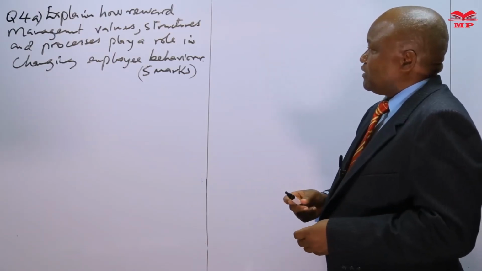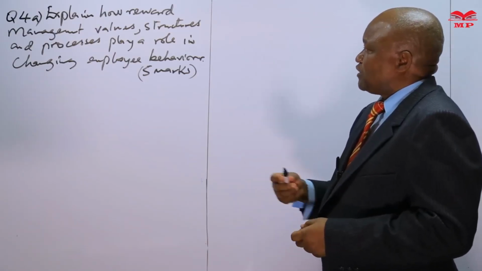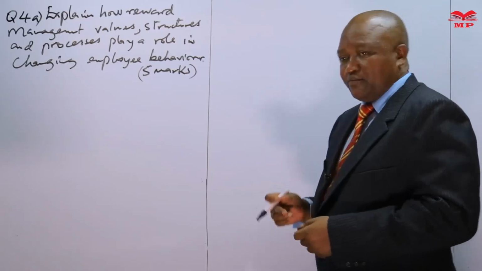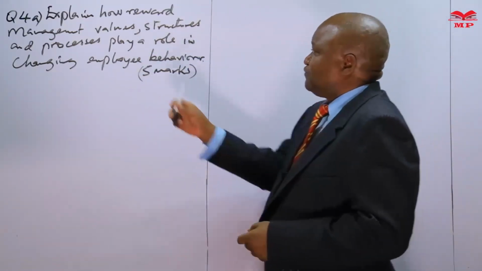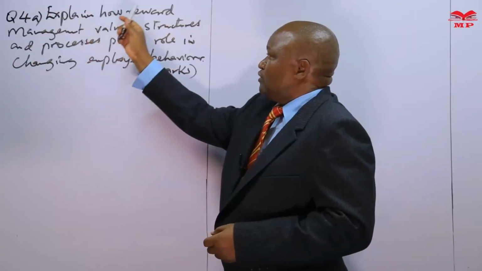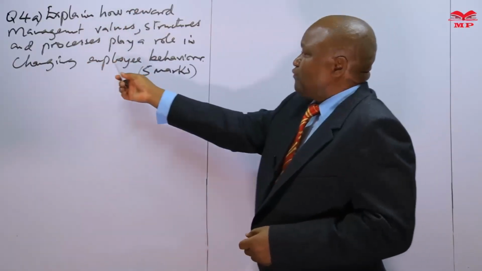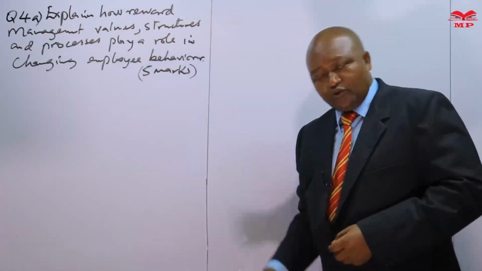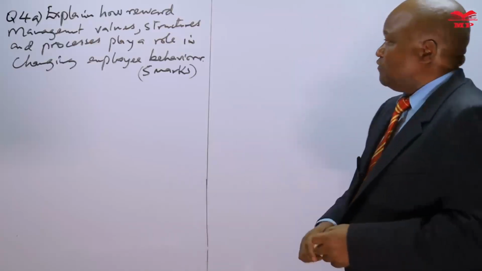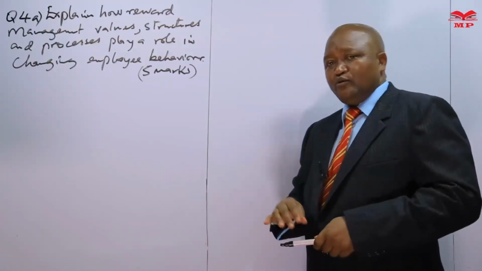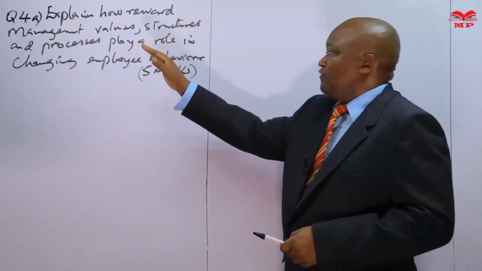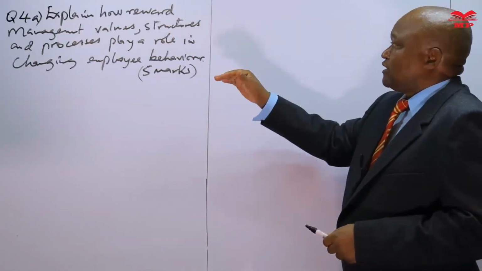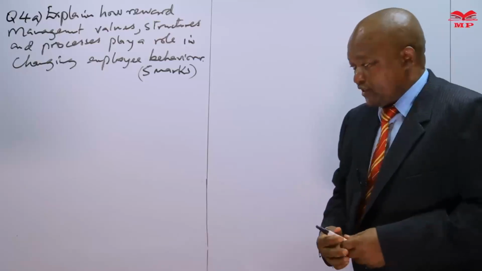The employee behavior envisaged here is the behavior of the employee in relation to how they are perceived in connection with the values, structures, and processes in the reward management process.